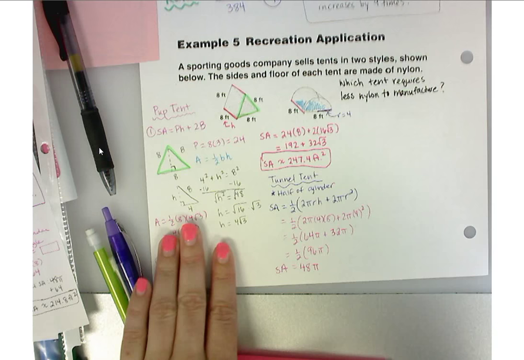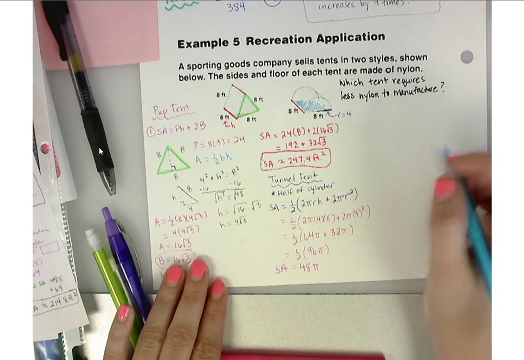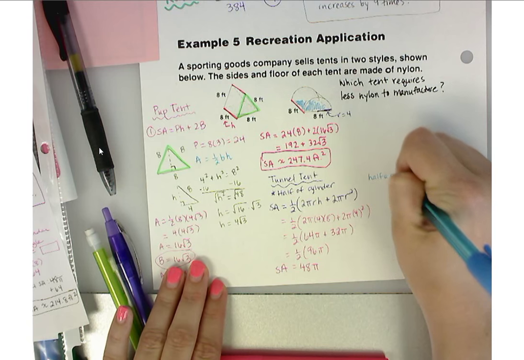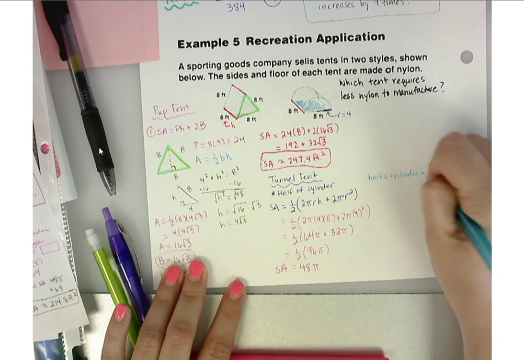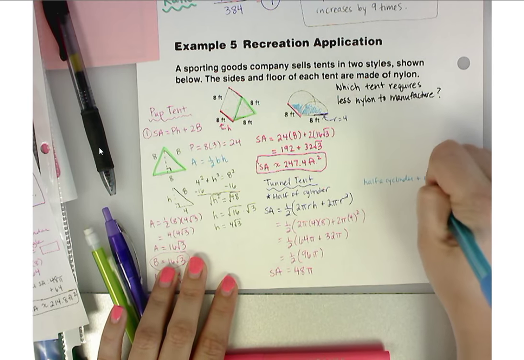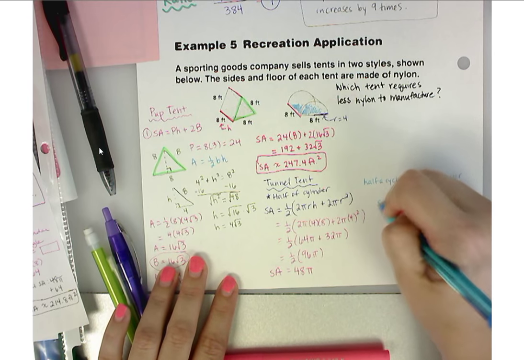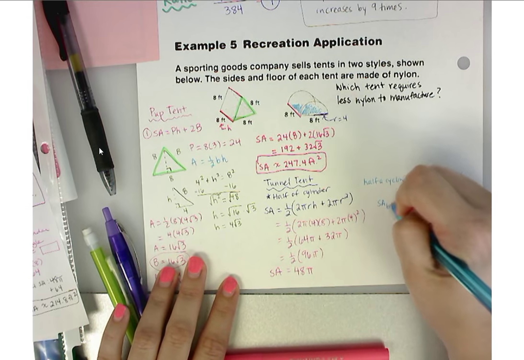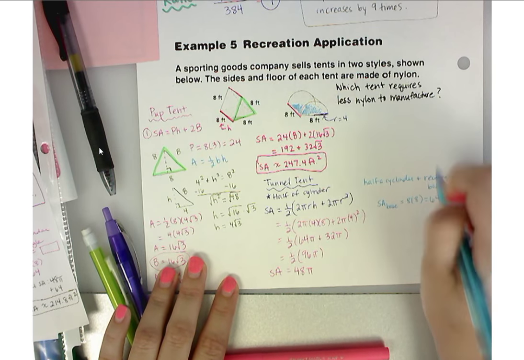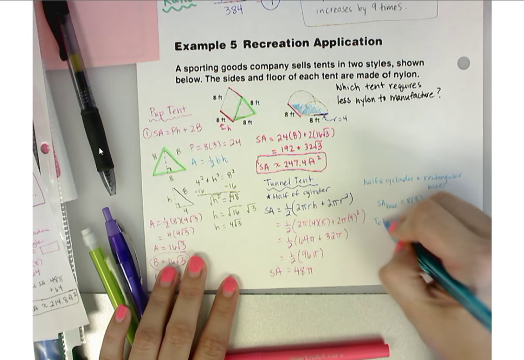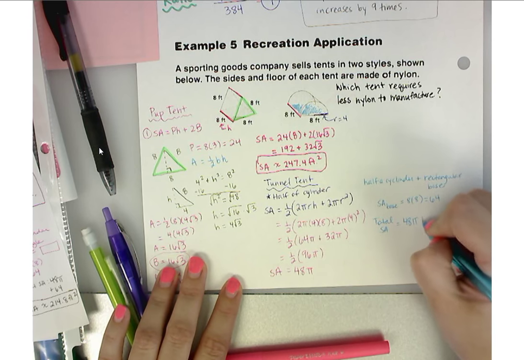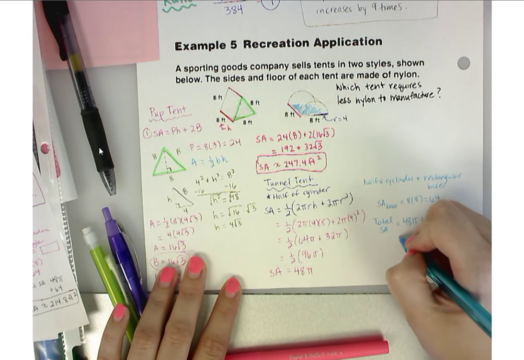Okay, so what you have is half of a cylinder plus a rectangle base. Okay, so the surface area of the base would be 8 times 8, or 64. So that means the total surface area would be 48 pi plus 64, which we are going to convert to a decimal.